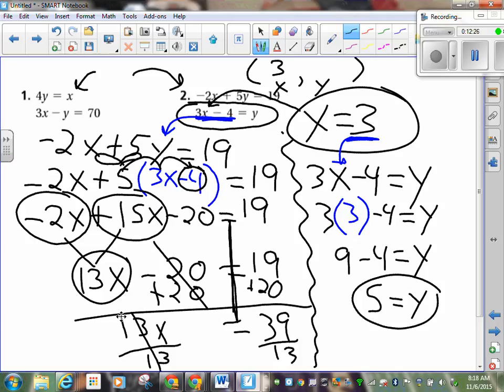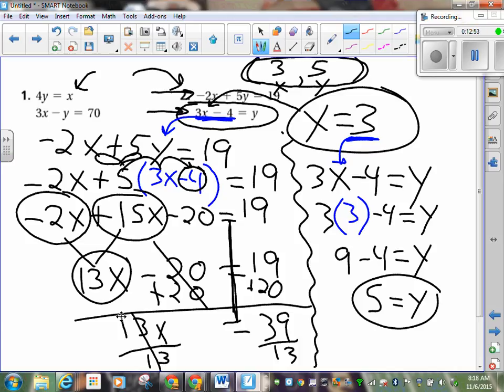Where do I put that 5? In the parentheses up there, right? So my final answer is 3, 5, which means if I put both of these numbers into both of these equations, it will come out true.